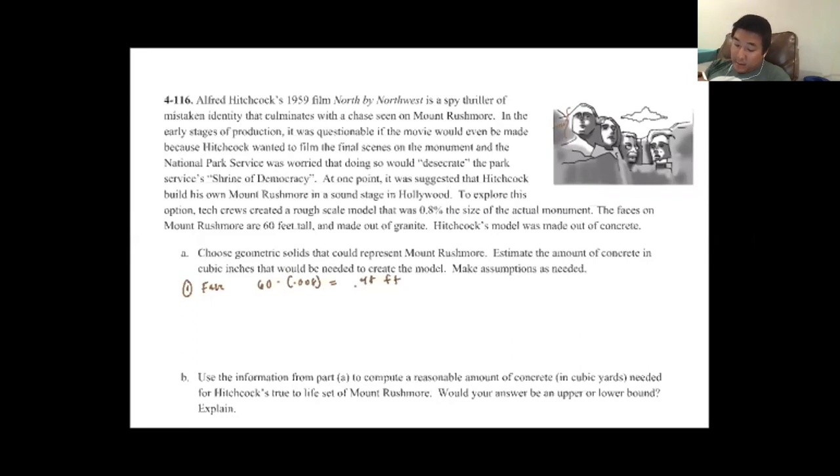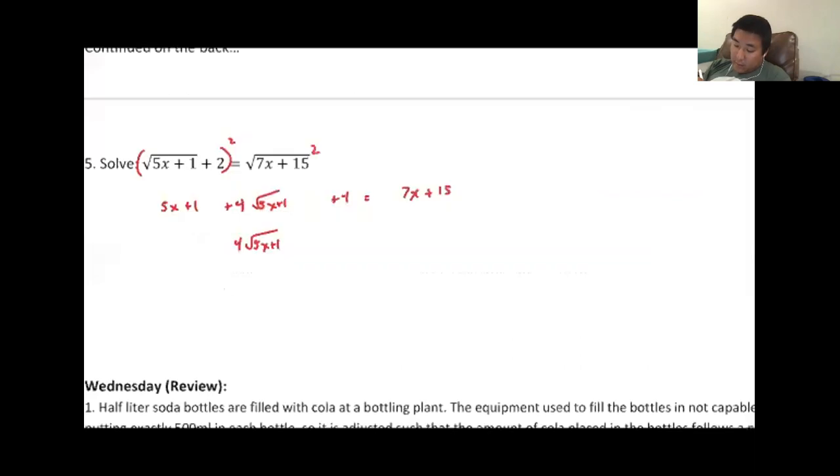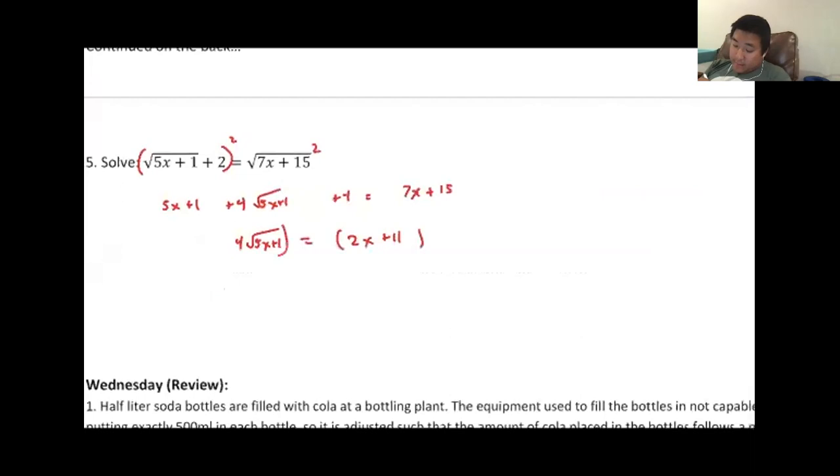Bring it to one side. 4 square root 5x plus 1 equals 2x plus 11. I'll square everything again. 16 times 5x plus 1 equals 4x squared plus 44x plus 121. Then 80x plus 16 equals 0.